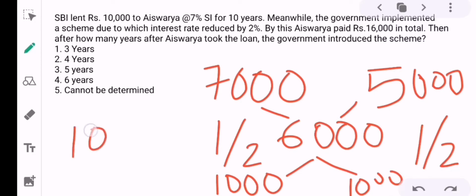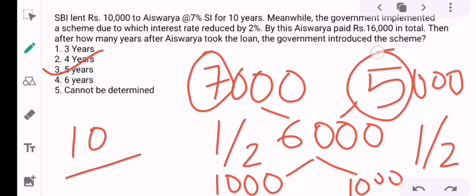So for 10 years she took the loan, so half of 10 years will be 5 years. That is, 5 years is your answer. For 5 years Aishwarya paid 7% interest, and for the rest 5 years she paid 5% interest.